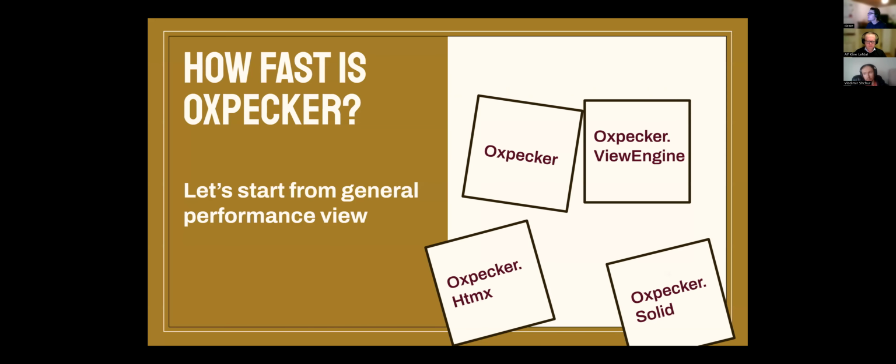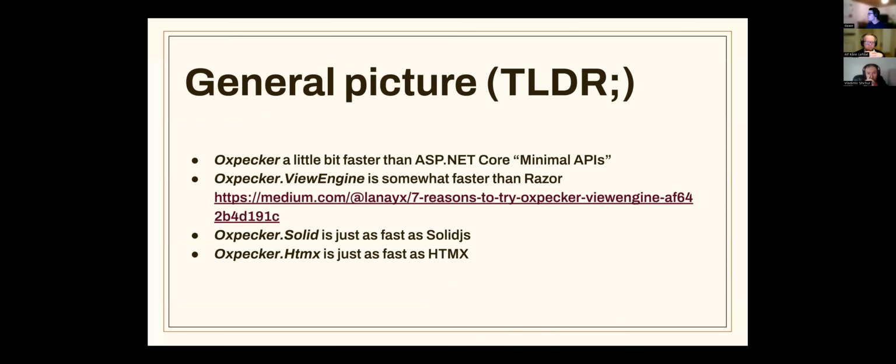So rather than jumping into Tekken Power right away, let's have a general view of Oxpecker and its components. The TLDR is that it is a little bit faster than the ASP.NET Core minimal APIs framework. Then it's somewhat faster than Razor, and I also wrote an article about that with some explanations.